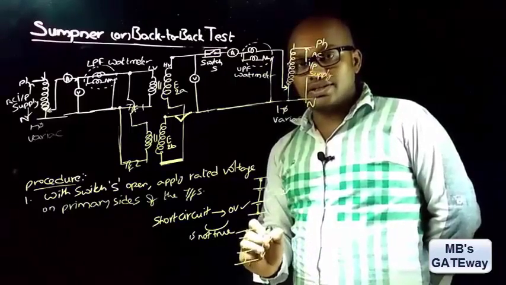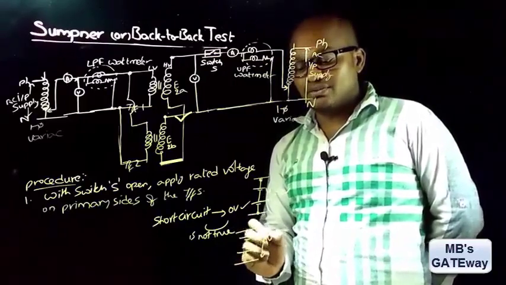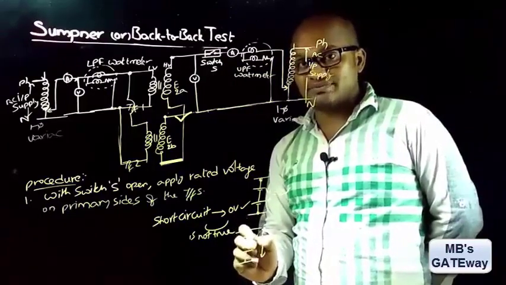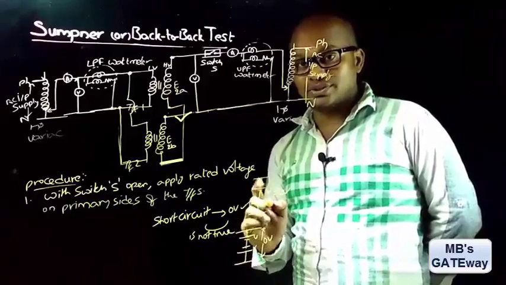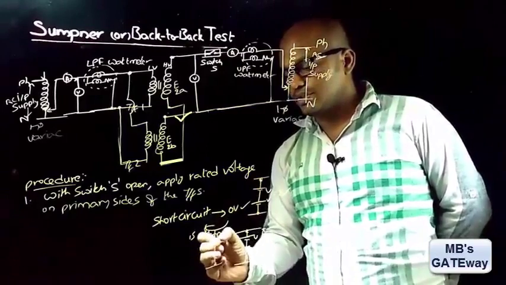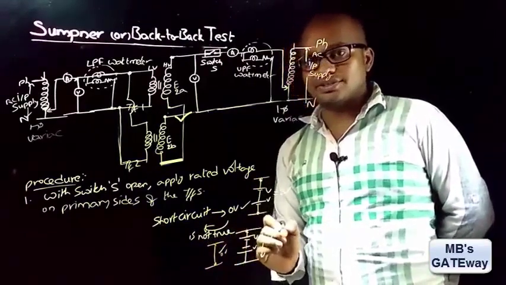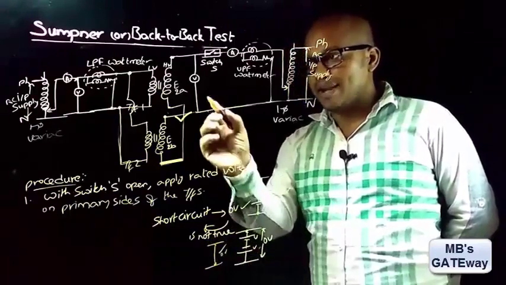And this 0 doesn't indicate that these two are short circuited, right? Here 0 means these two are connected in opposition and these 2 points are not short circuited. There is a lot of difference between the short circuit 0 voltage and this 0 voltage, and this is what is happening here.